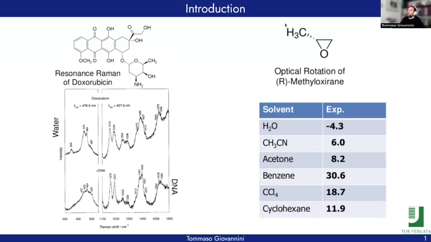Another example that as chemists we like a lot, this is methyloxirane. So this is one of the two enantiomers that methyloxirane has. This is the R enantiomer. And then if you measure the optical rotation, that is the degree of rotation of the linearly polarized external radiation that you are sending to the sample, you see that by only changing the solvent, you can change this angle, okay?